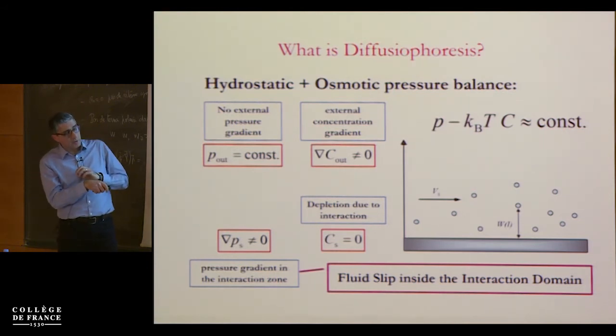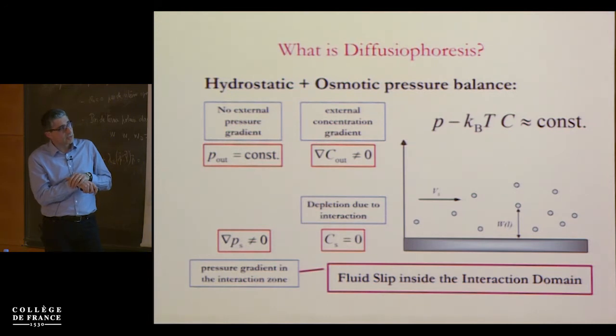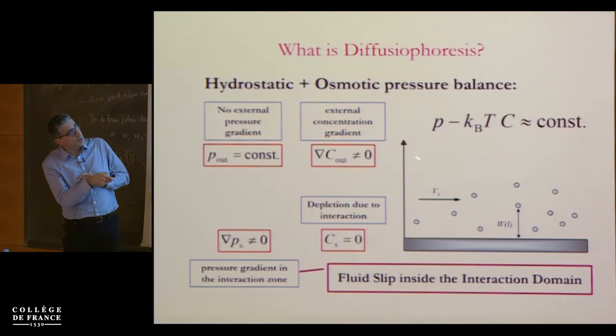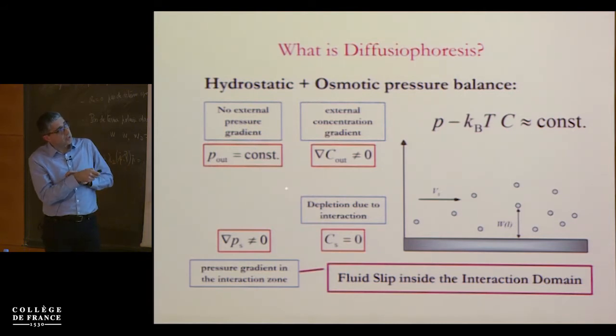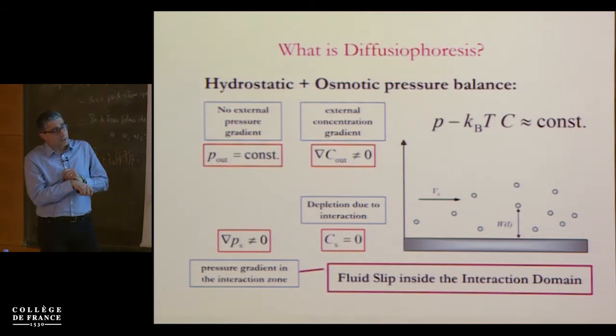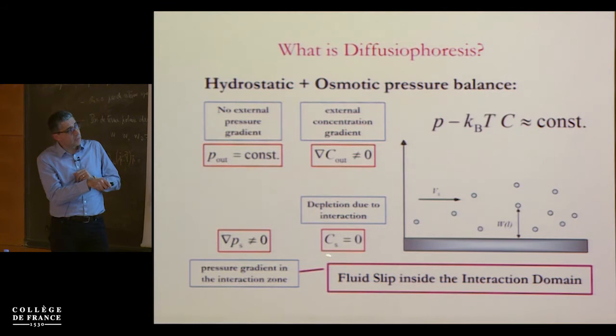So you're talking about something like van der Waals interaction, which is a very strong power law, or excluded volume effect, which could even diverge at the surface. And that means if you have out here, where the interaction is not working, a situation where the hydrostatic pressure is constant, but the solute concentration has a gradient, then when you get close to the surface and you modify that, for example, in the extreme case of excluded volume, you expect no particles on the surface, then the gradient on this combination will have to be taken over by the hydrostatic pressure.